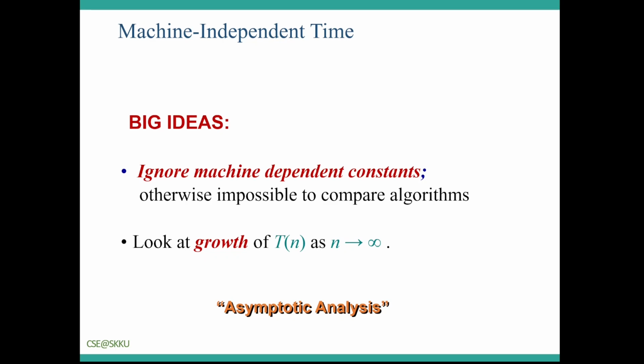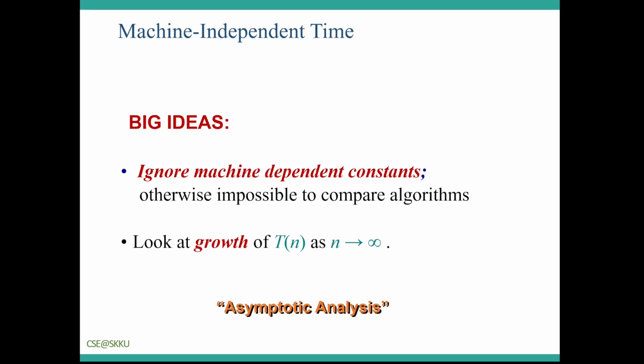Okay? Maybe you use a 32-bit machine, and maybe I use a more advanced, powerful server. In this case, when we run the same algorithm, the running time could be greatly different.